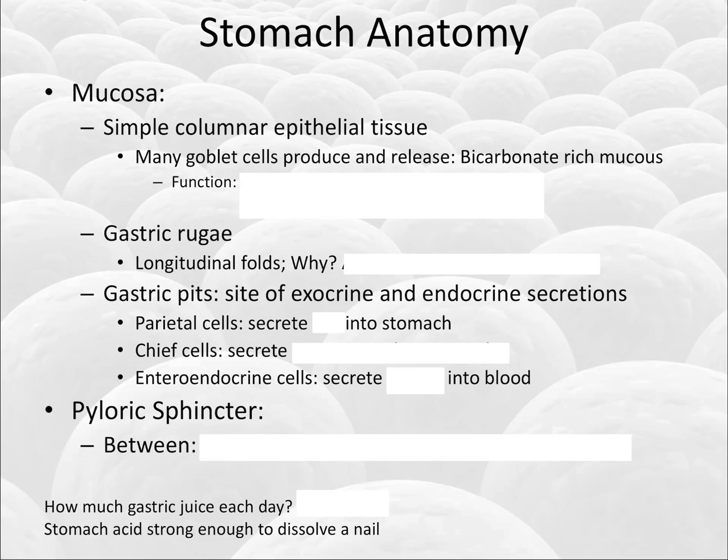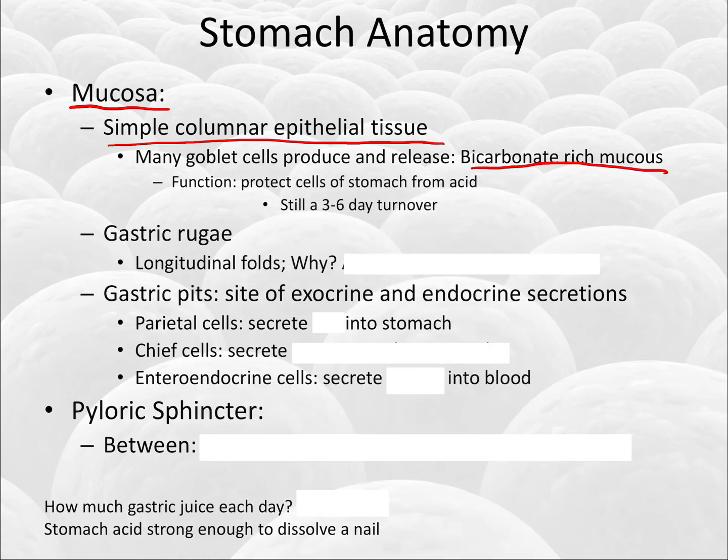All right, let's start with the stomach. The anatomy of the stomach is made up of multiple layers, and the mucosa of the stomach is mostly simple columnar epithelial tissue, which contains a bunch of goblet cells that produce and release a bicarbonate-rich mucus.